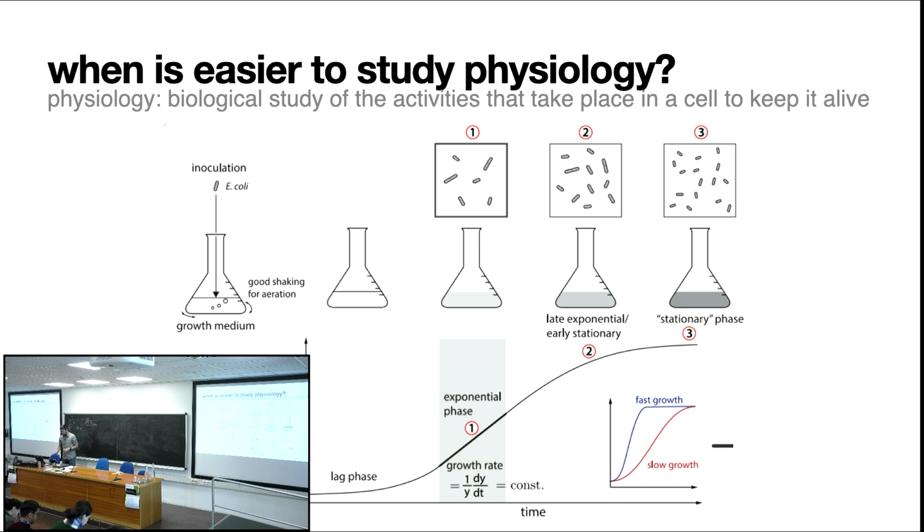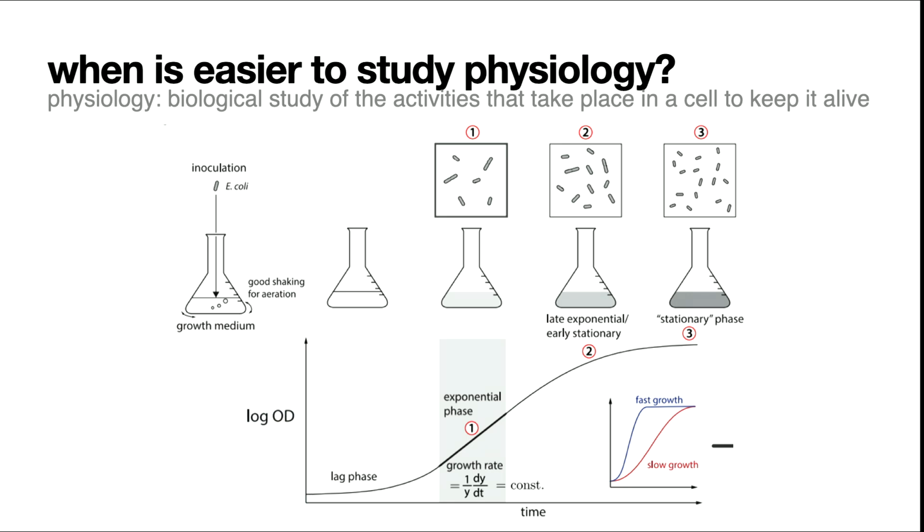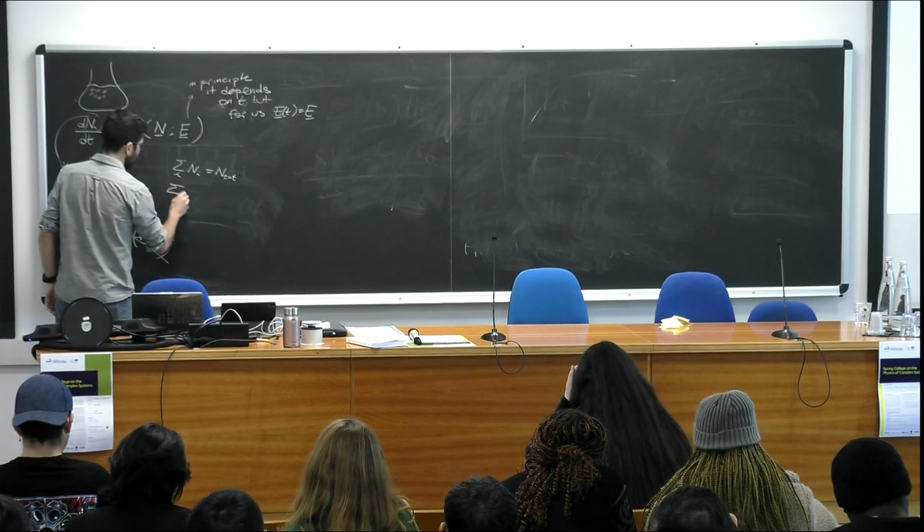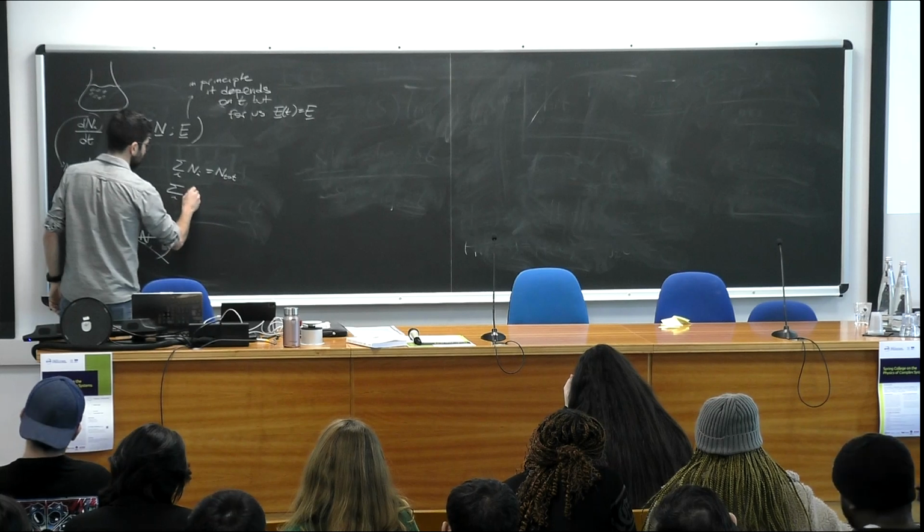The second point is that we are tracking the number of molecules of a given type inside our colony. We can also track the total number of molecules, or we could track their mass.